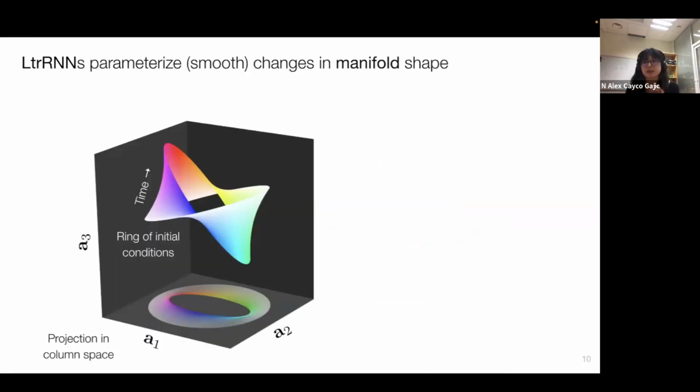So I'll give you an example. This is, we just have some sinusoids, so just a toy model. We start with a ring of initial conditions, and then we feed it through the RNN that's constrained to be low tensor rank. This is the low dimensional space that we know a priori, and we know it's not going to change through the experiment because, again, of the low tensor rank constraint.